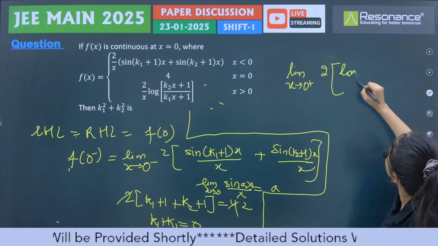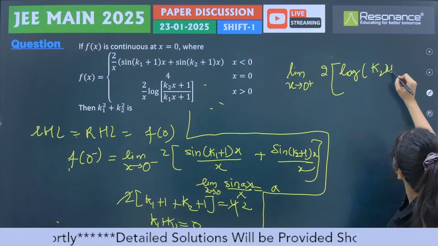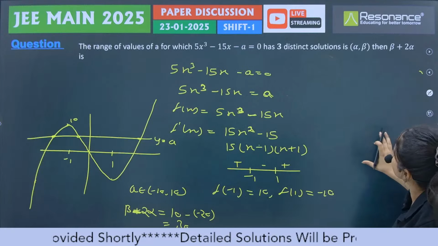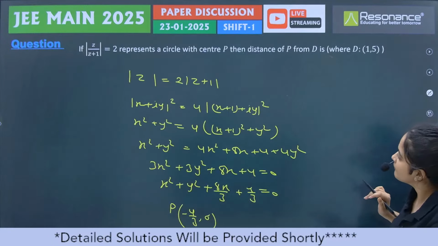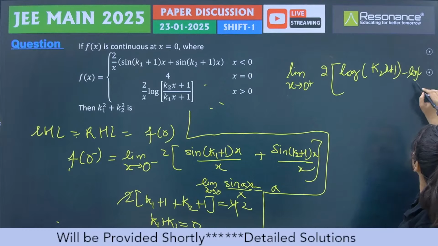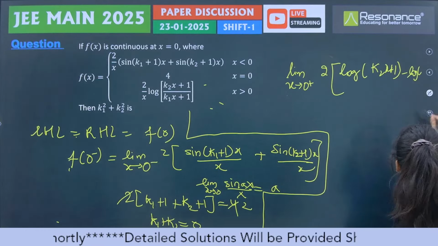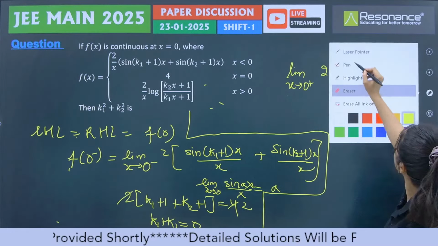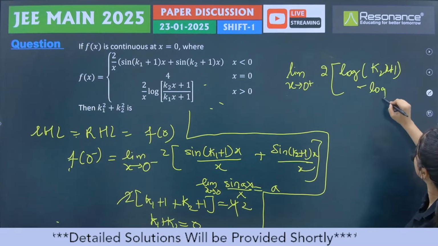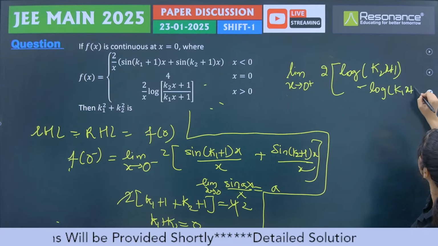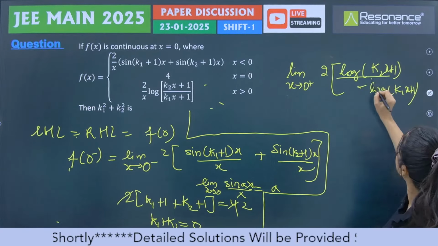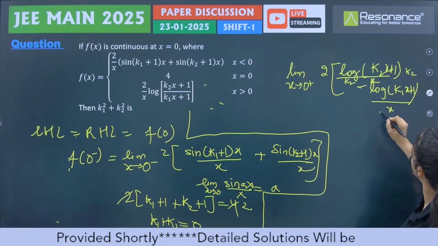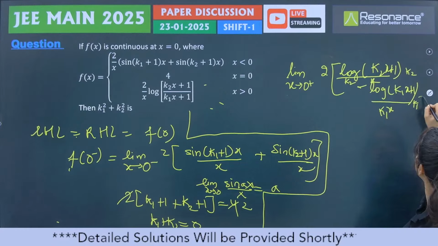So log(k2 x plus 1) minus log(k1 x plus 1), and the x outside the bracket I am sending inside the bracket. Divide by k2, multiply by k2, divide by k1, multiply by k1.